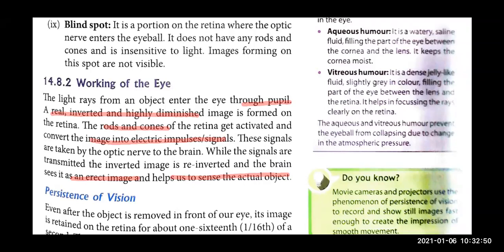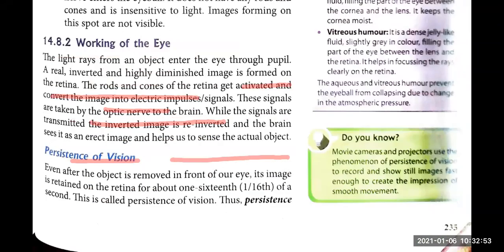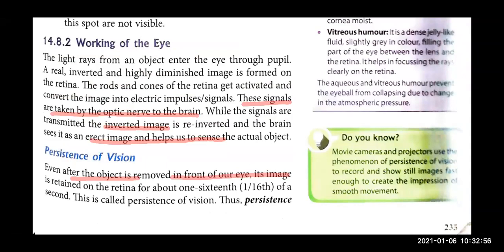Now let's move to the next topic, and that is the persistence of vision. Persistence means to remain, to retain. So suppose I keep an object in front of you and then I quickly remove the object from your sight, from in front of your eye, then too the image of that object will remain on your retina for 1/16 of a second. 1 upon 16, you can just divide and see what part you are getting.